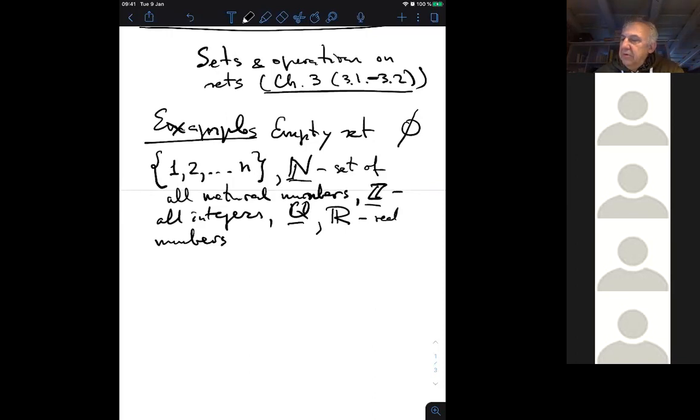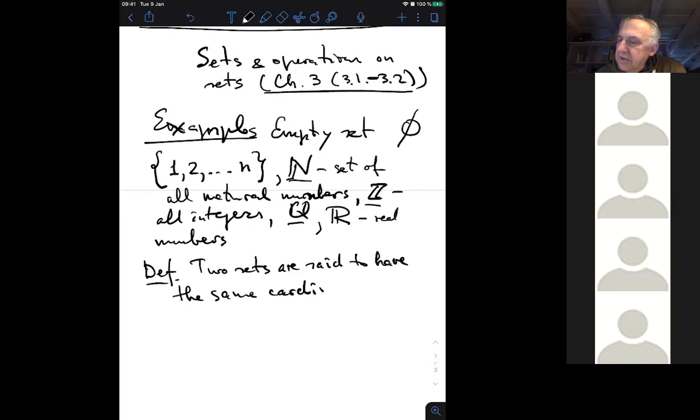The important definition is as follows. Two sets are said to have the same cardinality if there is a one-to-one correspondence between the elements.